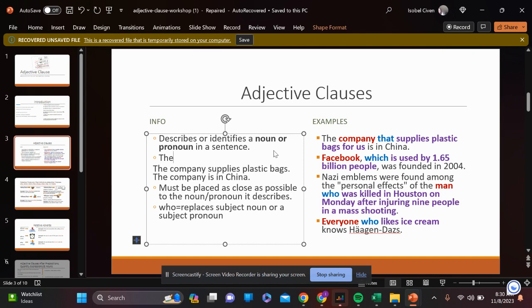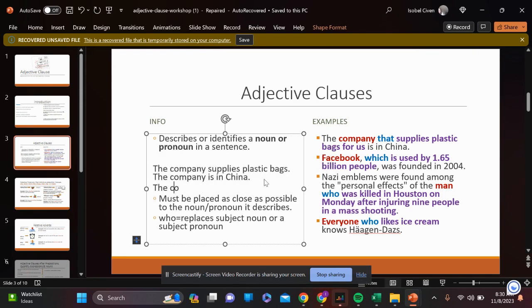What you need to do when you have two short sentences is delete company. So the company equals which. So which replaces the company. You need to say goodbye to this company, and then you're going to put which in the middle, after the company.